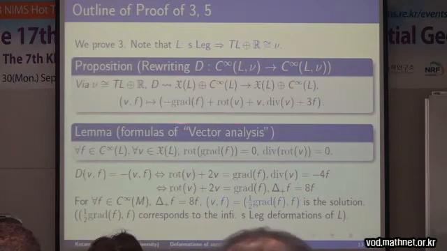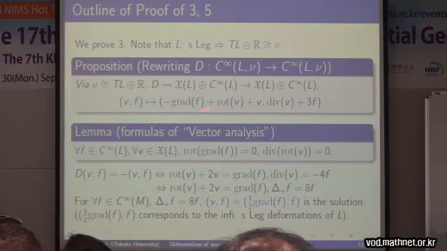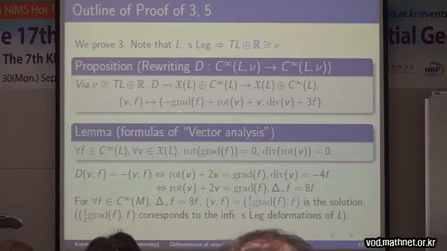The corresponding operator can be described by gradient, rotation, and divergence. These are operators which can be seen in vector analysis. Next we try to prove the formulas of vector analysis.